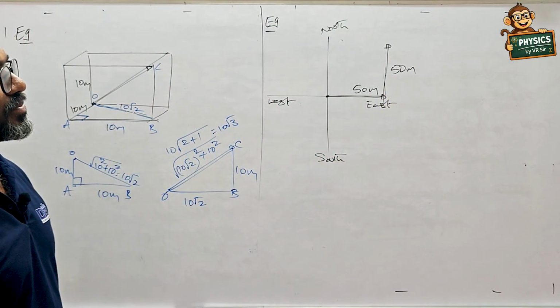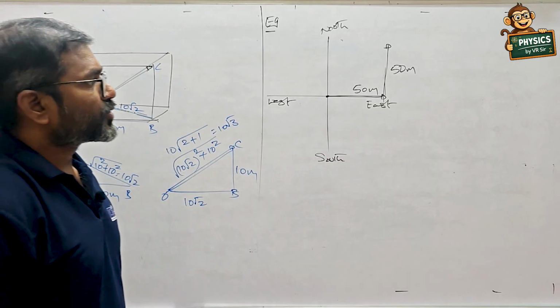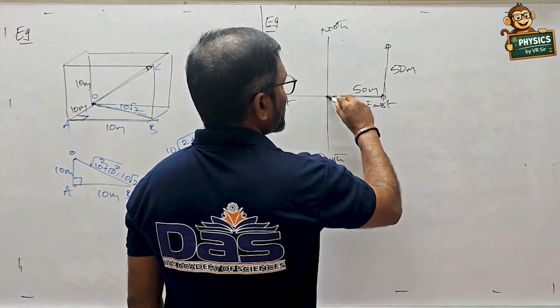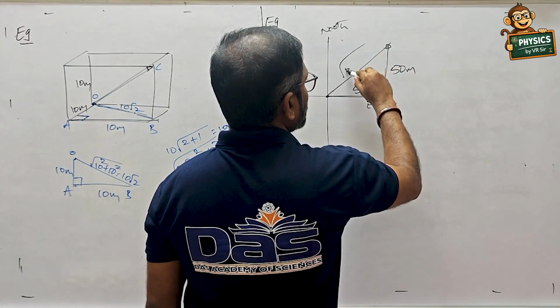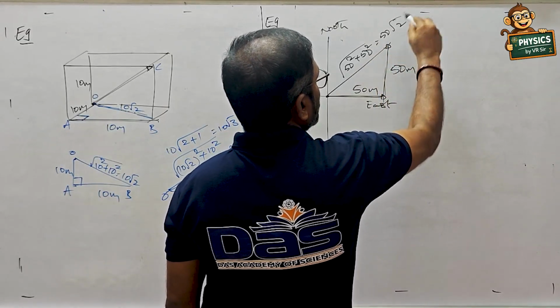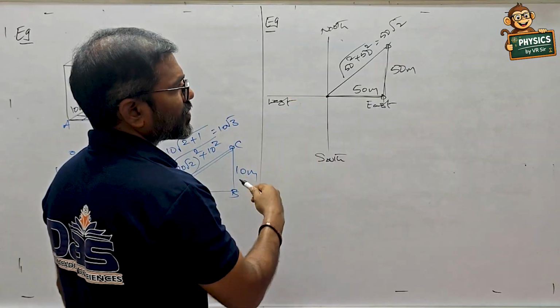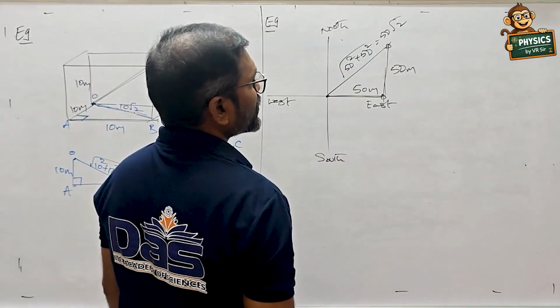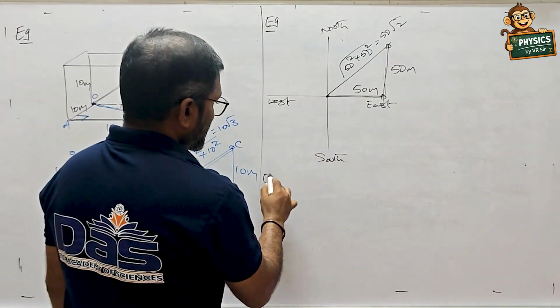What about the displacement? Displacement is nothing but the shortest path, isn't it? So root over 50 square plus 50 square will give you 50 root 2, because we take 50 square common and bring it out, and 1 plus 1 is 2, so 50 root 2.